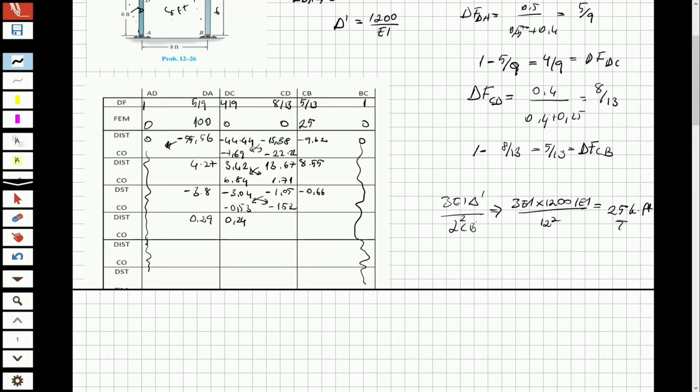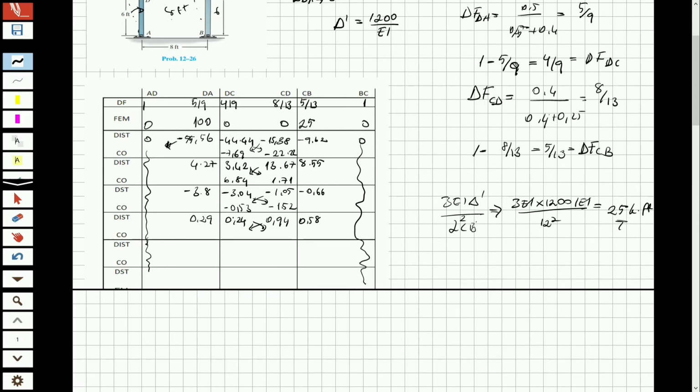And this moment will be distributed at this ratio, and take the negative of the value: 0.94 and 0.58, and make a carryover.